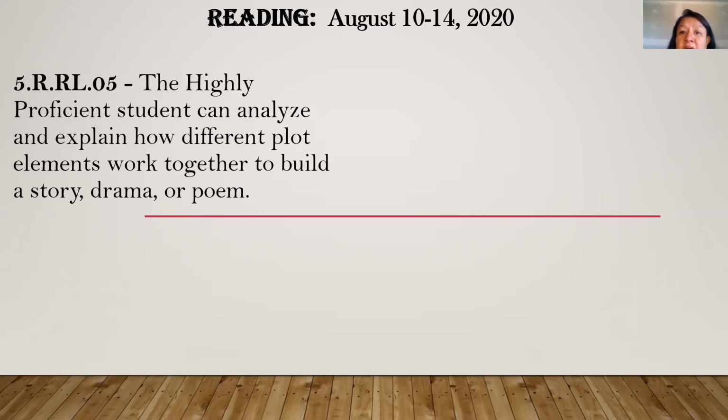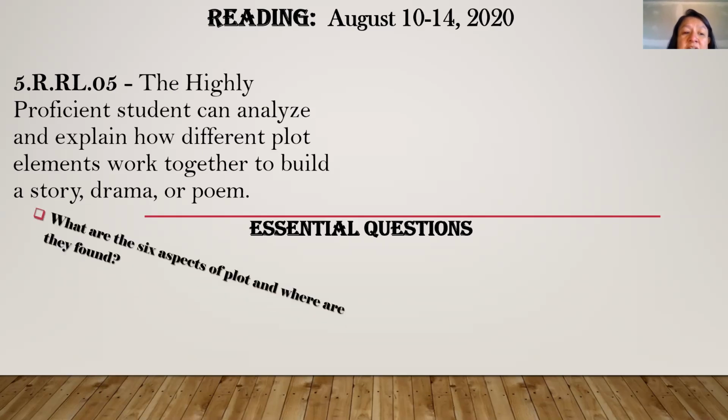But for the most part, you will just be doing a lot of recall, remembering what each part is. And the essential questions for that are, first one is, what are the 6 aspects of plot and where are they found? Second one is, how are they interconnected? Why is the order important?